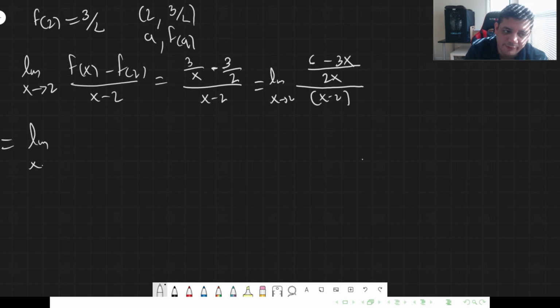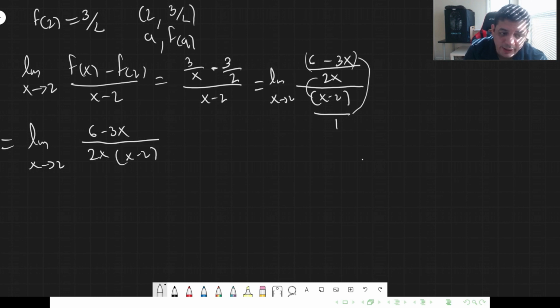Now this is equal to the limit when x goes to 2, and I'm going to put a 1 here and multiply this with this and this with this. And so this is going to be 6 minus 3x divided by 2x over x minus 2. But I can probably factor a 3 from here, as you can see. Actually, I'm going to try and factor minus 3.